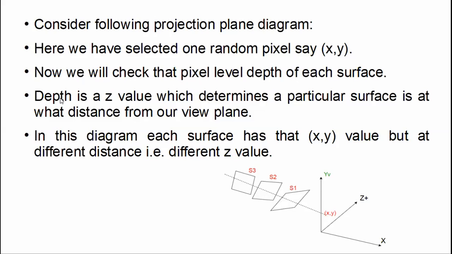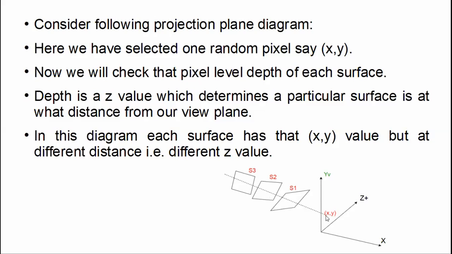Now what is depth? It is a Z value, which determines at what distance a particular surface is from our view plane. In this diagram, each surface has that XY value, but at a different distance, that is, at a different Z value. Suppose this is your view plane and here is your XY pixel. The distance from this pixel to the view plane is the depth of the first surface S1, or we can say this is the Z value of S1.